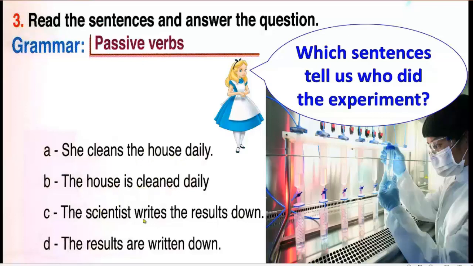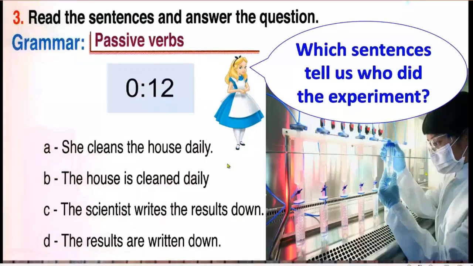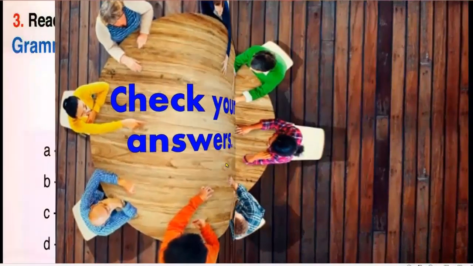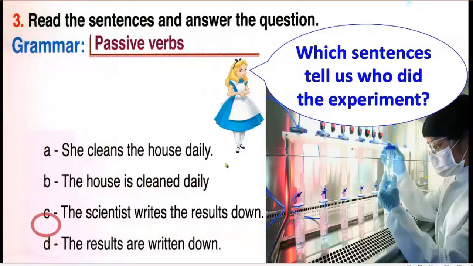The scientist writes the results down. The results are written down. Which sentences tell us who did the experiment? Okay. It's number C. The scientist writes the results down.